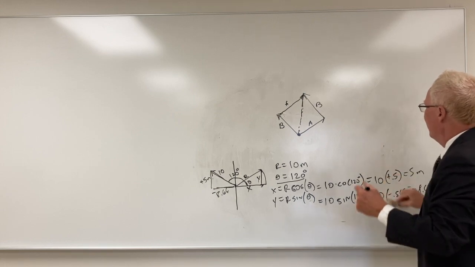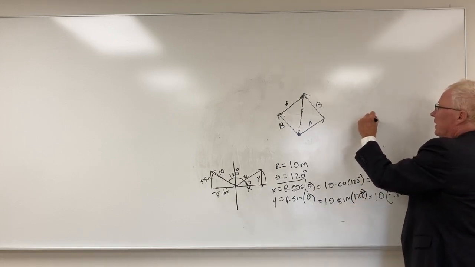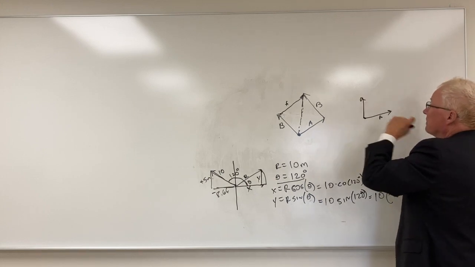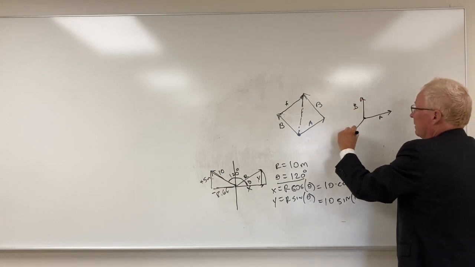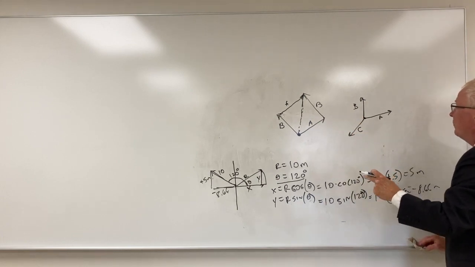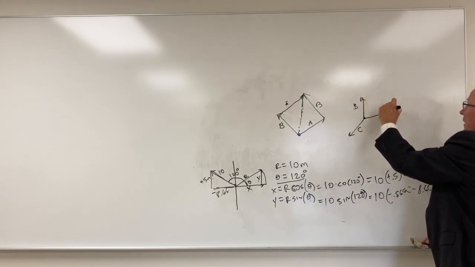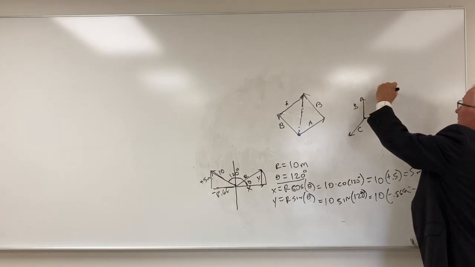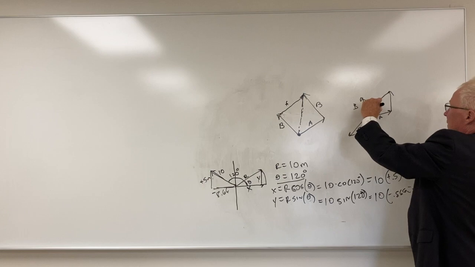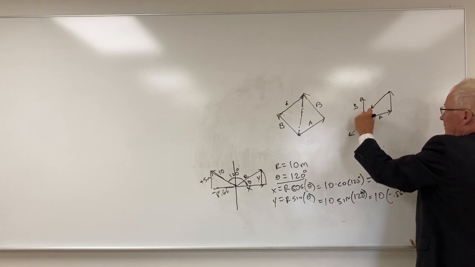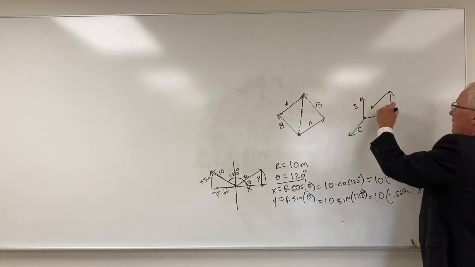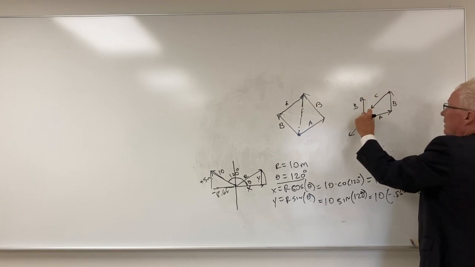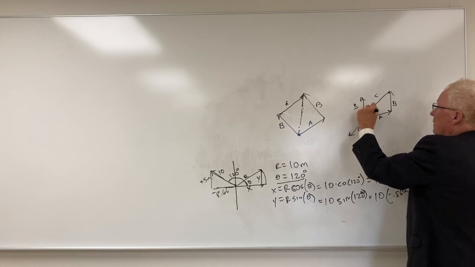So if we have another one slightly more complicated, say A, B, and then C, well, what we do is we slide B over to here, and then C over to here, so tail to head, tail to head, tail to head. So this is A, this is B, this is C, this is our result.